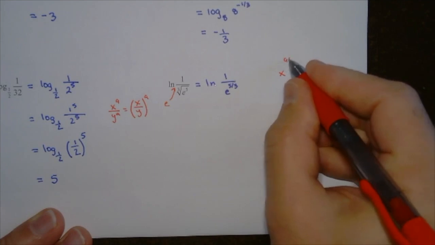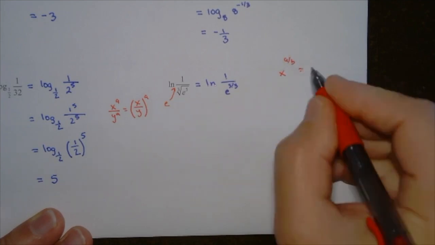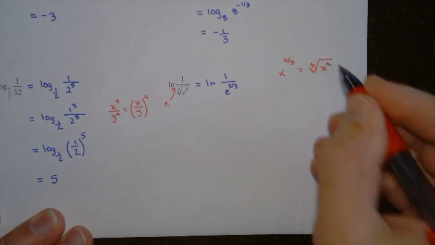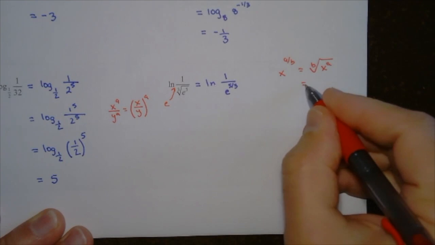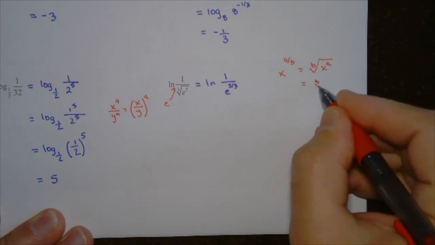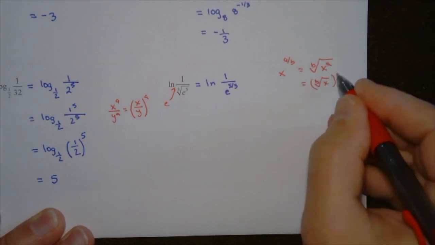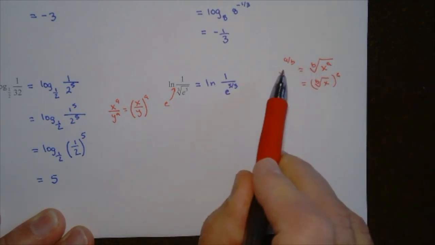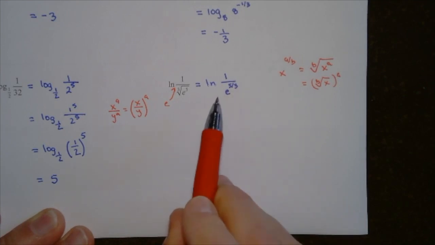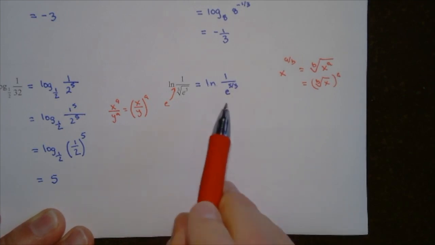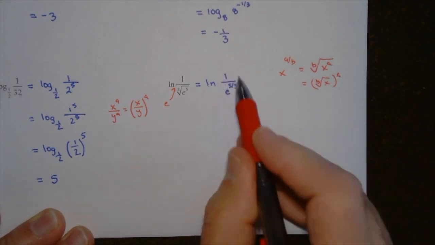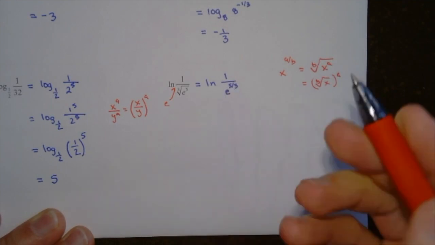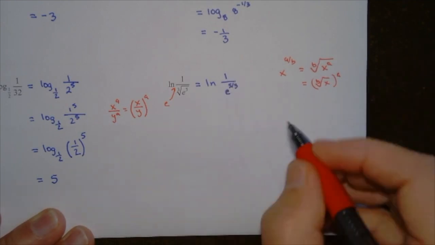The exponent rule we're using is if you have x to the a over b power, that's equivalent to the bth root of x to the a, or we could also write this as the b root of x raised to the a. This allows us to write this as a fractional exponent. Now, we're not quite ready to give the answer, because this needs to be rewritten as e to a power.